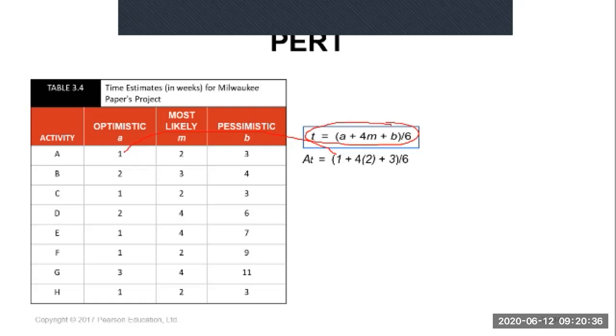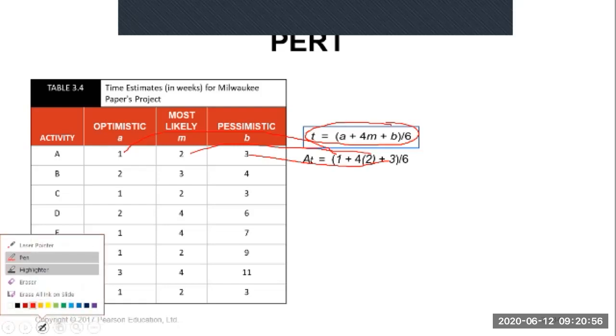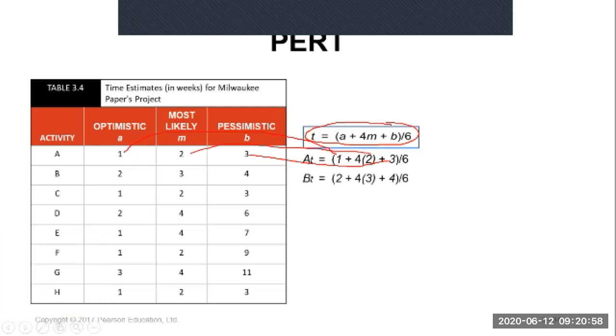So optimistic 1 plus 4 times 2, the most likely, and pessimistic 3 here, then divide by 6. This is for B: T is the estimated time. For B, 2 plus 4 times 3 plus 4.